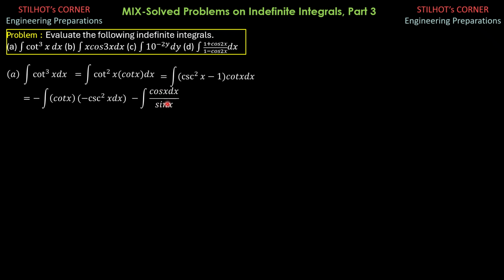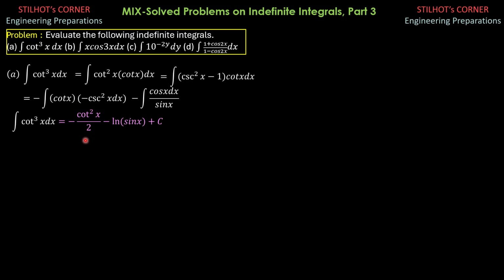So this second term is in the form integral of differential u2 over u sub 2, which is ln of u2. So the integral therefore is negative of cotangent square x over 2, then minus ln of sine x plus c. So that's it for that first exercise.